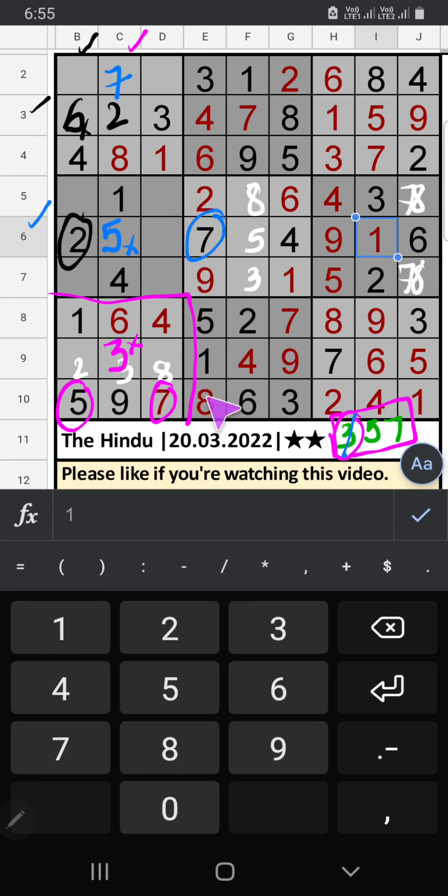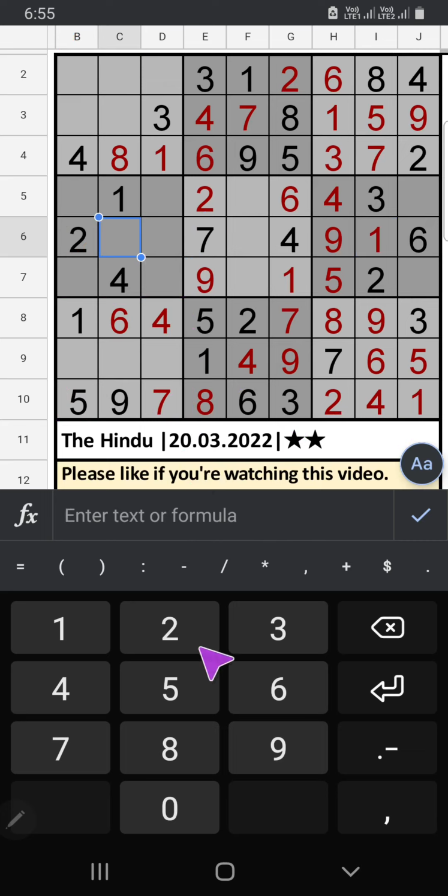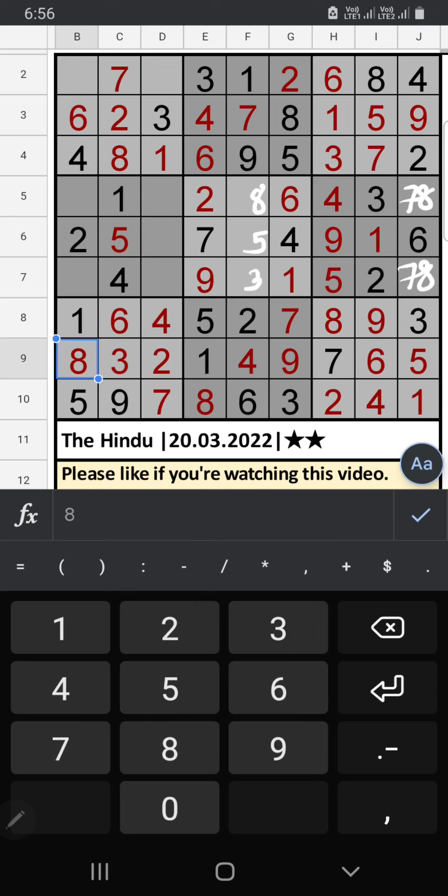7th grade, only 2 numbers are remaining: 2 and 8. Column B, we have 2, so 2 can't come in this cell, 2 is confirmed here, then 8 is here. First grade, 2 numbers are remaining: 5 and 9.